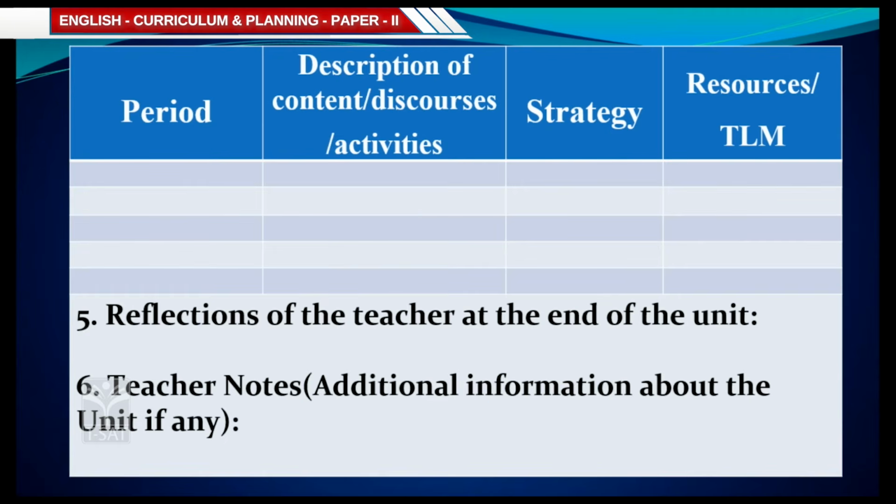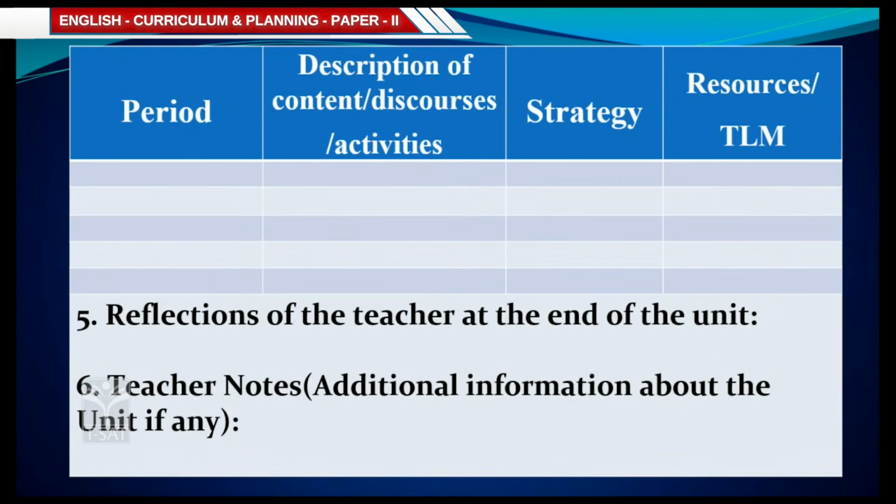So, what area is selected for the particular period and what is the strategy and what activities are we going to do in the classroom, and what type of activities, maybe individual activities or group or peer activities, and how we are going to present it, and resources. So, preferably textbook is the resource, and you can use charts or even diagrams, or even electronic resources, right, and reflections of the teacher at the end of the unit.